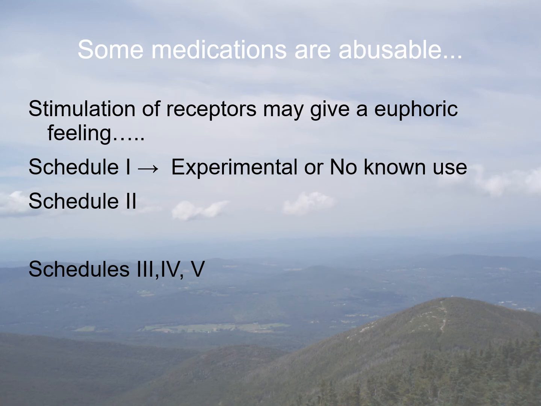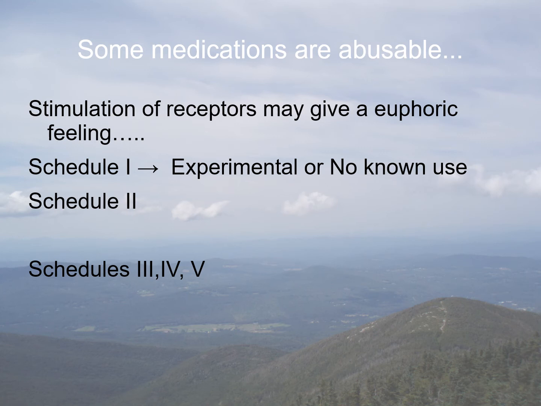Schedule 2 drugs are very abusable drugs. Things like morphine, generally what we think of as most of the regular narcotics, including hydrocodone, what we used to call Vicodin, but because it's brand name now, we almost never prescribe Vicodin. And even cocaine is actually Schedule 2 because cocaine does have limited use in ENT for doing nasal local anesthetic.